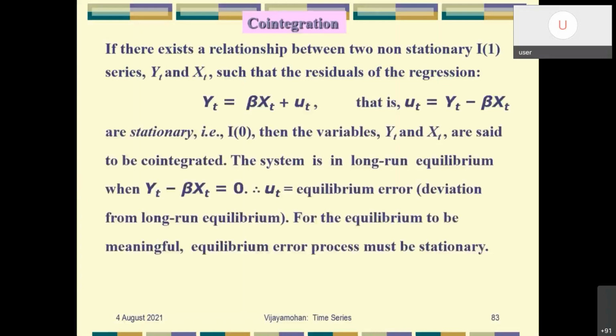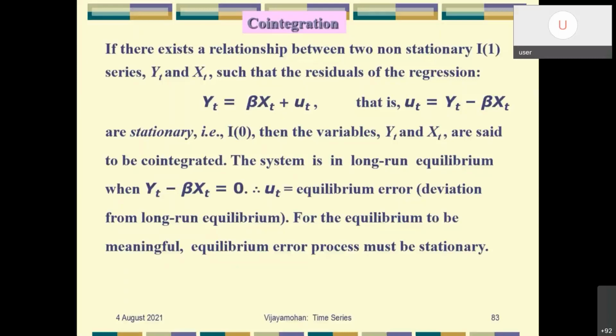Now what we have to do is, suppose we have two variables yt and xt, and there is a relationship between yt and xt given with this. Now if this ut, that is yt minus beta xt, is stationary, that is if it is I(0), then we can say that yt and xt are cointegrated.